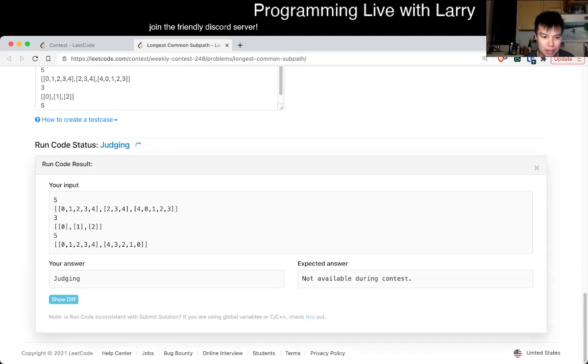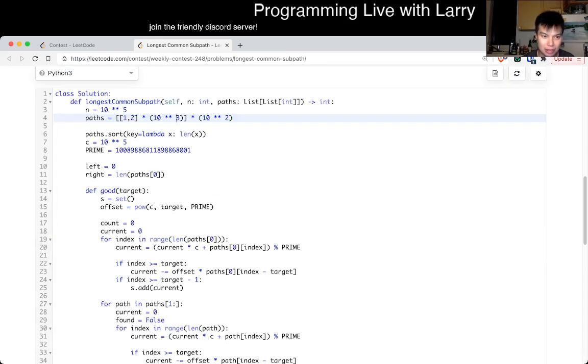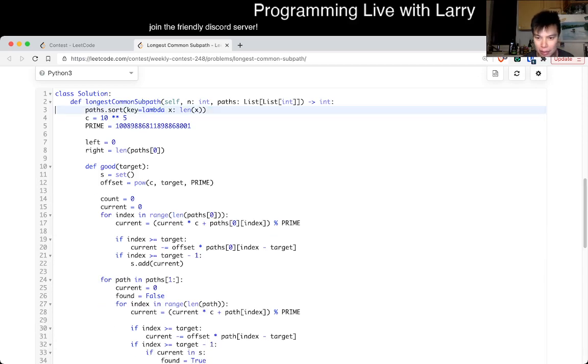This is going to be fast enough. It's roughly fast enough. It's faster. But that's a silly problem if this is the case.